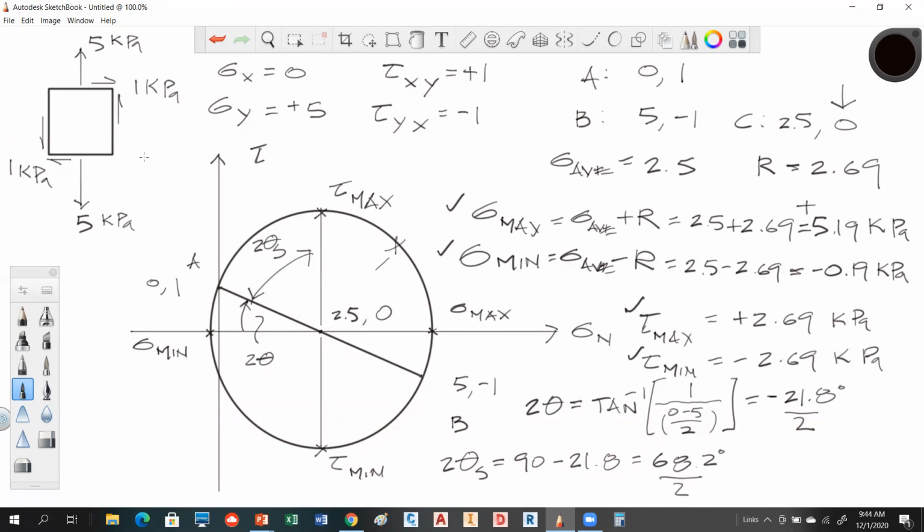Now, let me just tell you, they're going to ask you to calculate angles at 30 degrees, 20 degrees, and 10 degrees. Don't worry about that, okay? Just solve the maximum conditions that I just showed you. That's meaningless for what we're looking at. Just do the Mohr's circle piece.